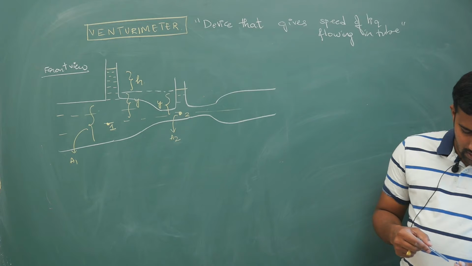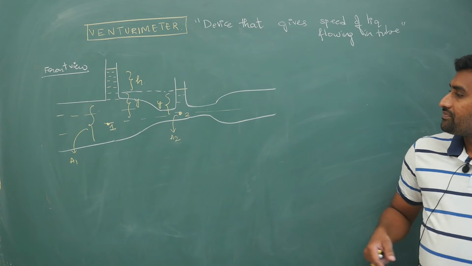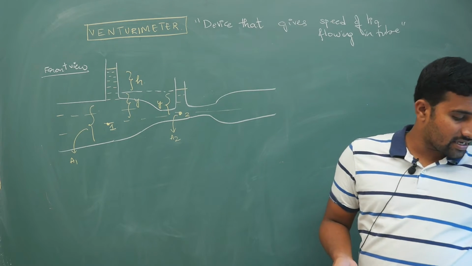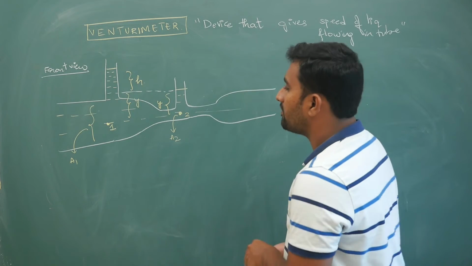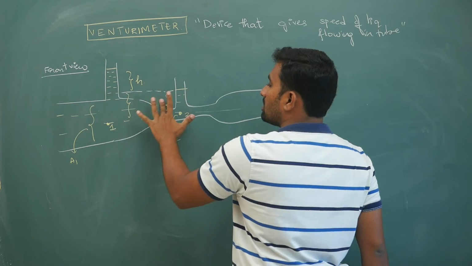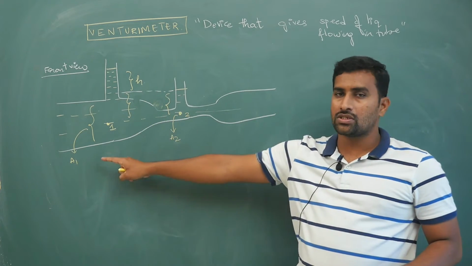Now there are a lot of methods to give the answer. If this diagram is confusing you, no issues, I will directly give you the answer. This y will not be given. The values of the area of cross section, A1 and A2, are known to you.